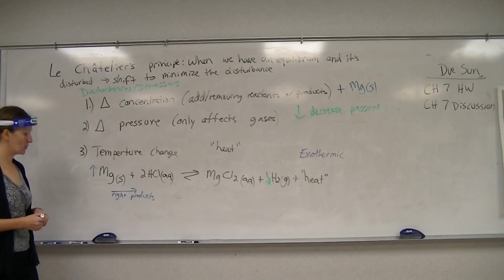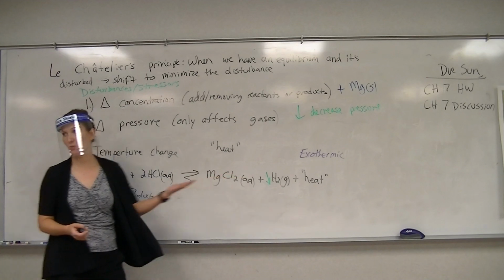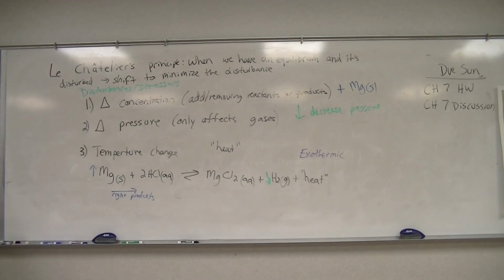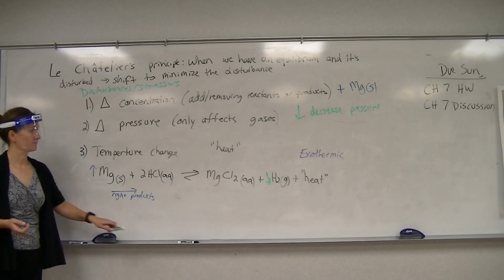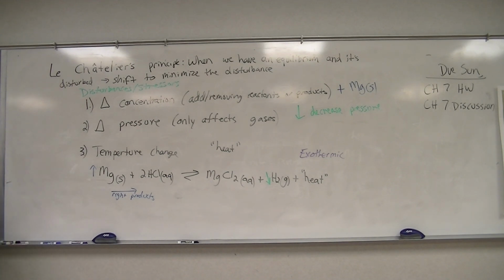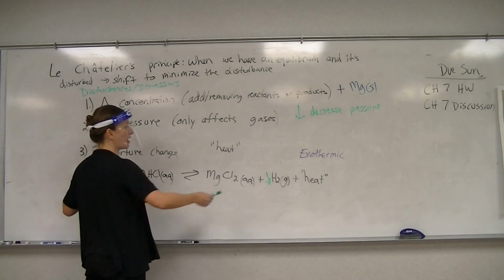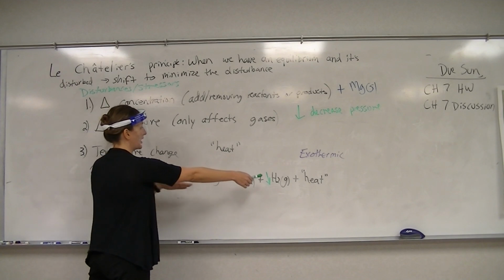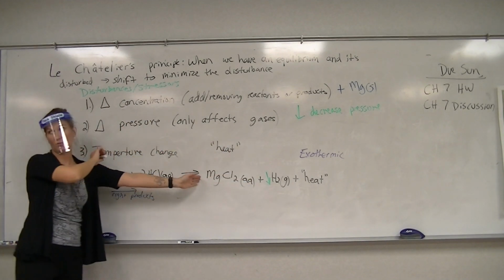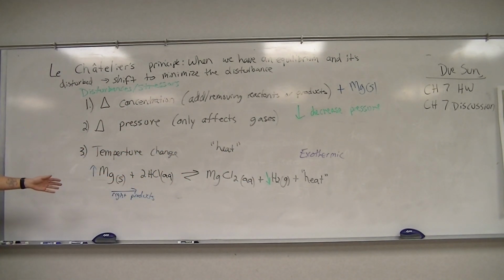So which way is the equilibrium going to shift? It wants to replace what I lost, what I took. Taking away is the hard one. So is it going to shift toward products to make more H2 gas, or is it going to shift towards reactants to get rid of more H2 gas?